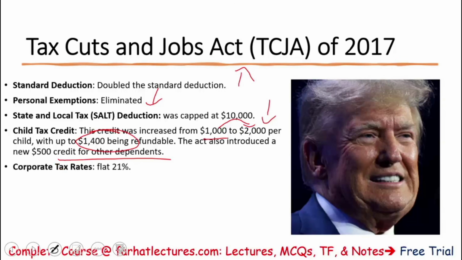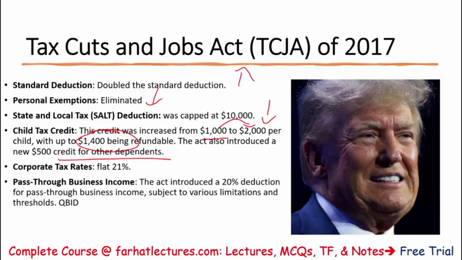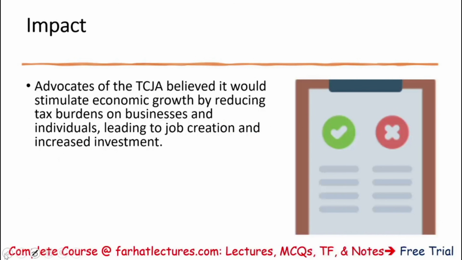From a corporate perspective, it brought the corporate tax rate to a flat 21% rather than a progressive tax rate. Also introduced what's called the qualified business income deduction, which is a deduction for pass-through entities like partnership or S corporation. And don't worry, we'll learn about all these deductions in this course because this act is still in effect for the course that you're going to be learning with us. What's the impact?